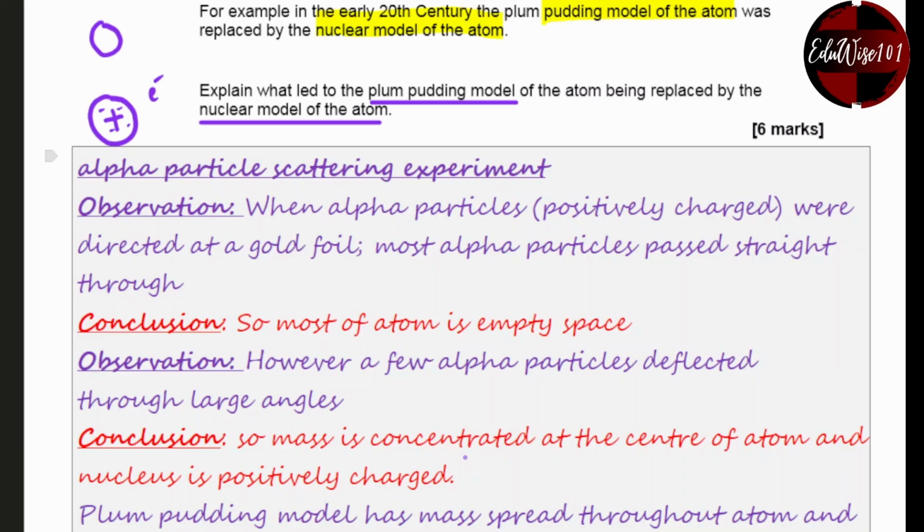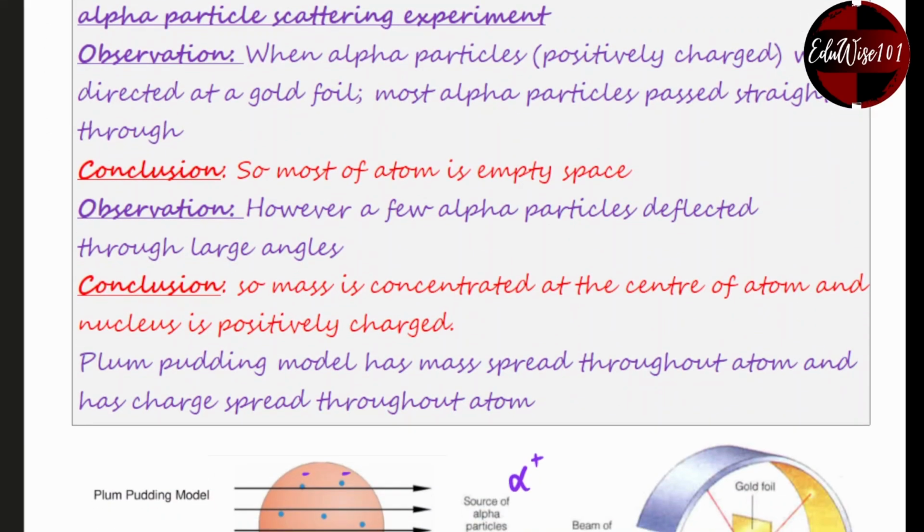And for the final mark, you need to mention the plum pudding model has mass spread throughout the atom, and has charge spread throughout the atom as well. Whereas in the nuclear model, the mass is in the middle, and the positive charge is also in the middle, and the negatively charged electrons are spread out around it.